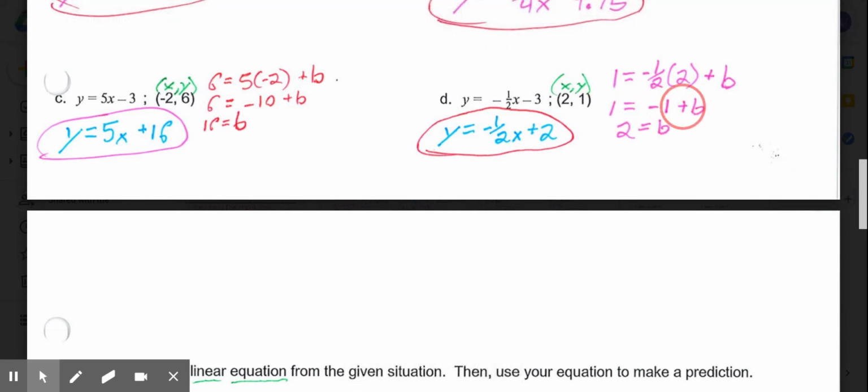So 1 = -1 + b. Add 1 to each side, and 2 equals b. So our parallel line to the original equation would be y = -1/2 x + 2.